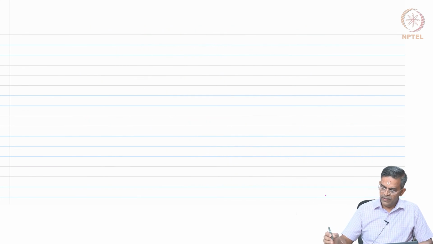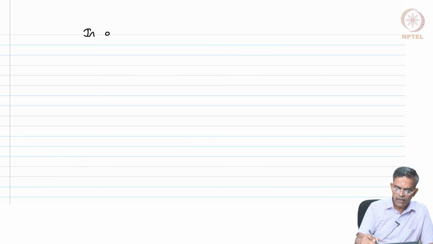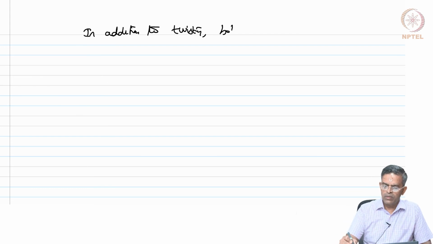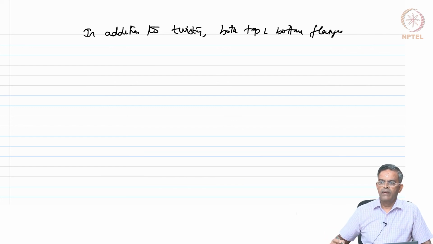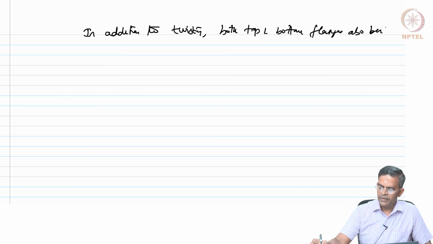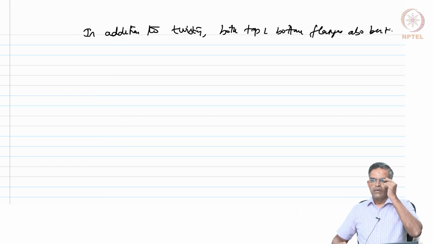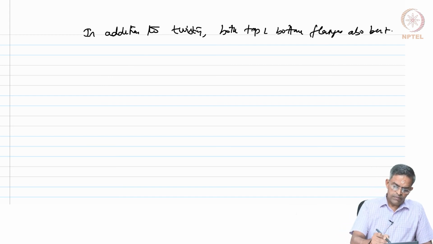So, in addition to twisting, both top and bottom flange planes also bent. Therefore, the top and bottom flanges do not remain plane anymore, they are subjected to warping.